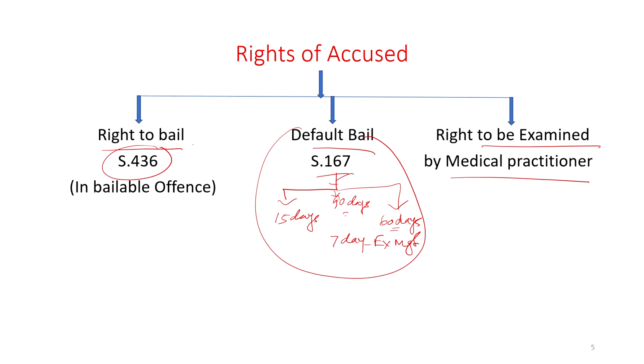Section 167 talks about remand, and this remand can be granted by criminal court, by judicial magistrate. 15 days police remand, judicial remand, 90 days where a person has been prosecuted for committing such a crime which is punishable with death sentence or life imprisonment or offence more than 10 years punishment.